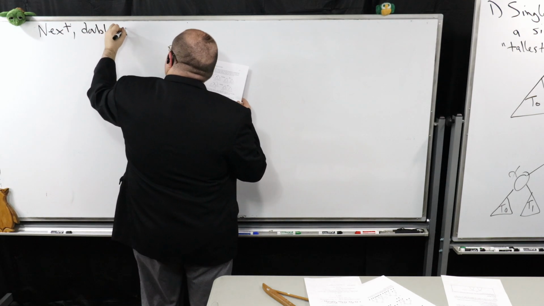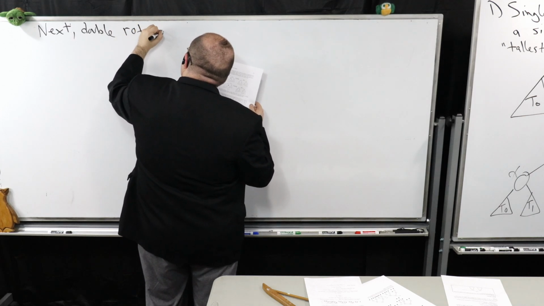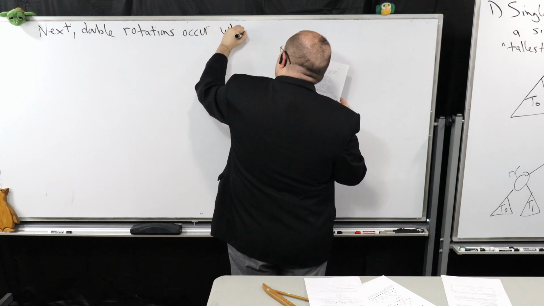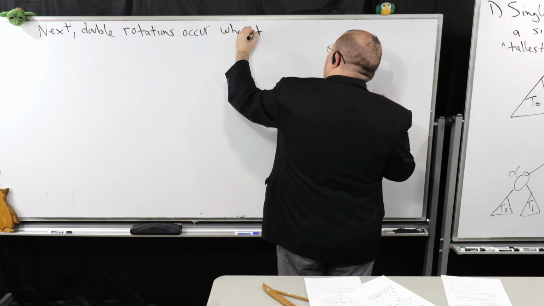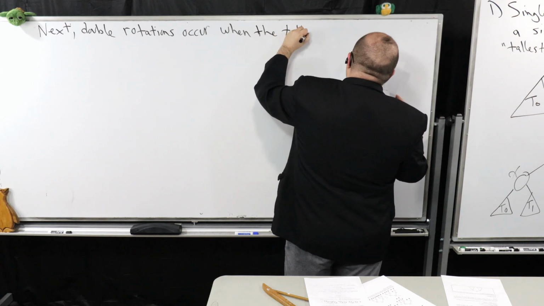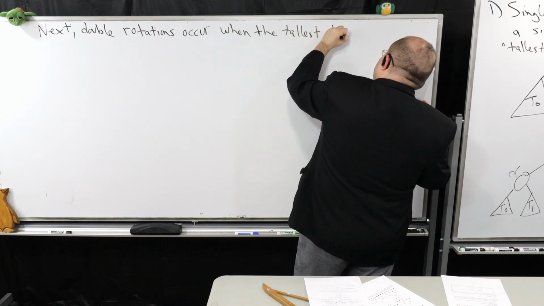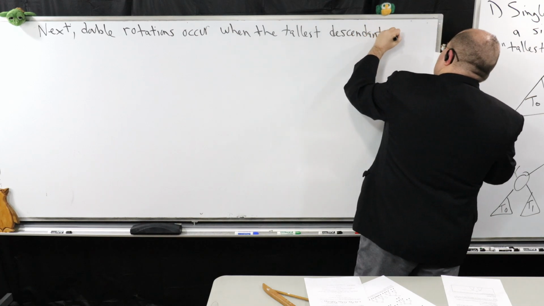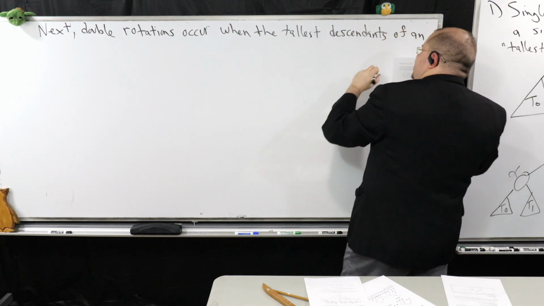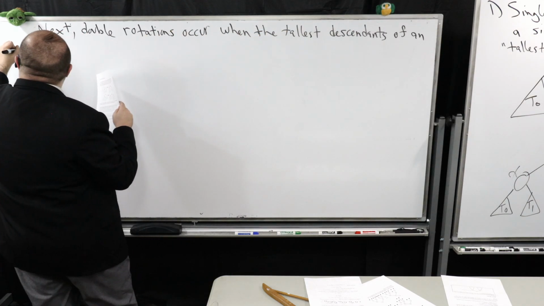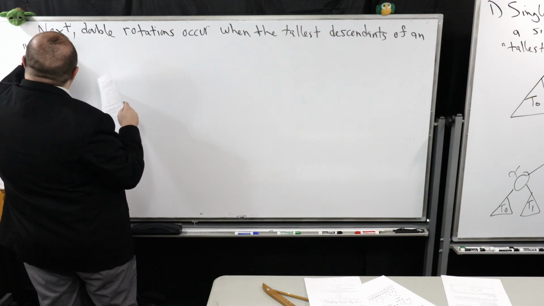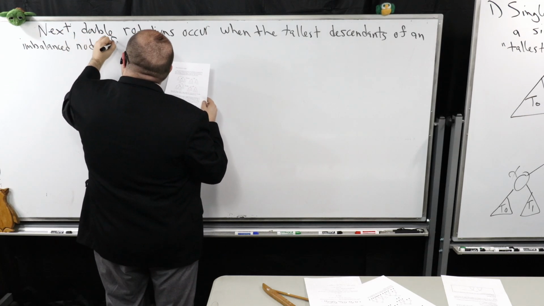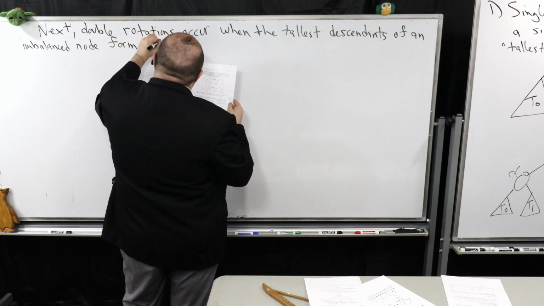Double rotations occur when the tallest descendants of an imbalanced node form a so-called zigzag pattern.